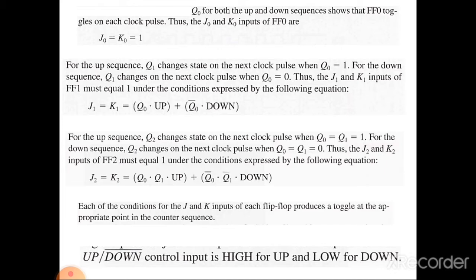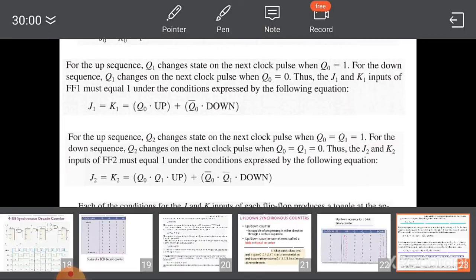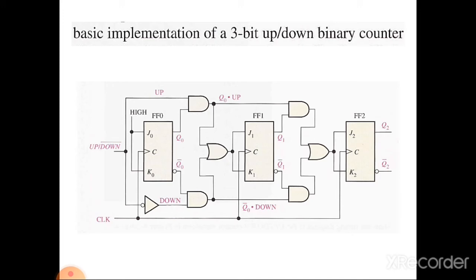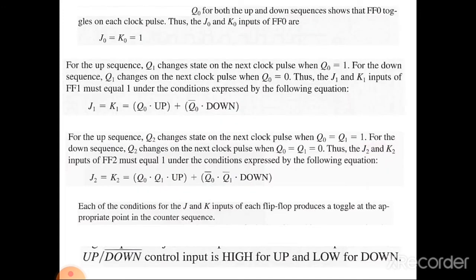For the down sequence, Q1 changes on the next clock pulse when Q0 is equal to 0. Thus, the J1 and K1 inputs of flip-flop 1 must be equal to 1 under this condition: J1 = K1 = Q0·up + Q0bar·down. During this condition, J1 and K1 will toggle.